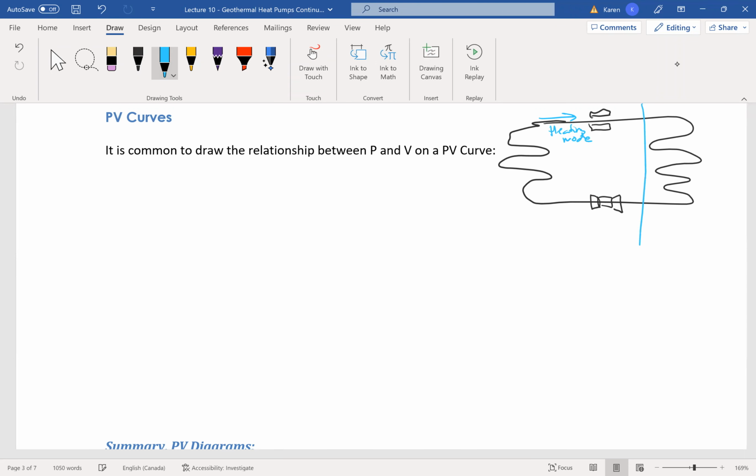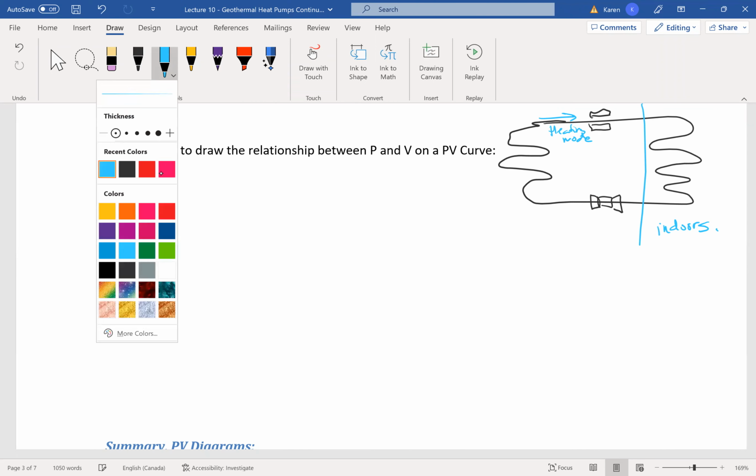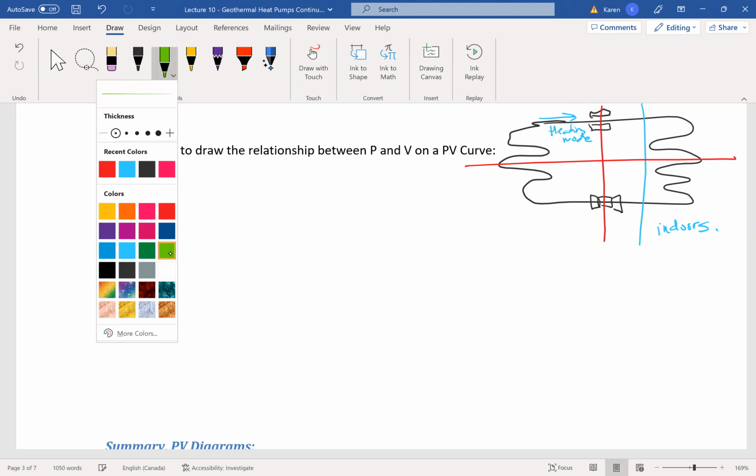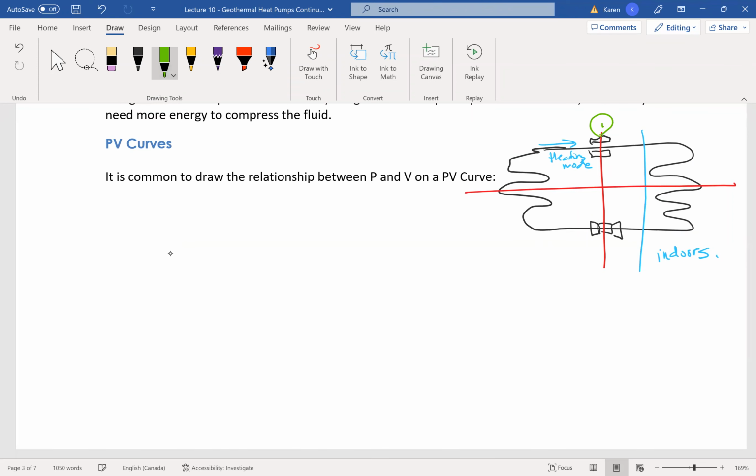With the indoors here, all right? Just like we had before. So if I take this diagram and divide it into some quadrants, then we can talk about what's going on with pressure and volume across each quadrant. I'm going to number them 1, 2, 3, and 4.